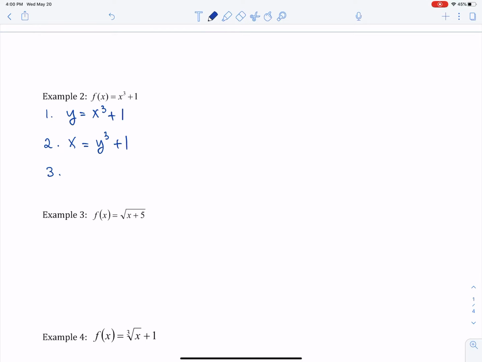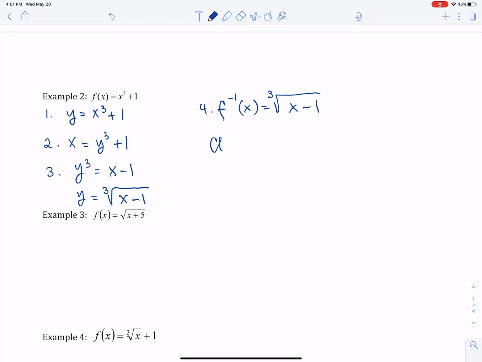Step 3 is solve for y. y cubed is equal to x minus 1, or y is equal to cubed root of x minus 1. Step 4, we replace y with the inverse notation. Inverse of f is going to be third root of x minus 1.